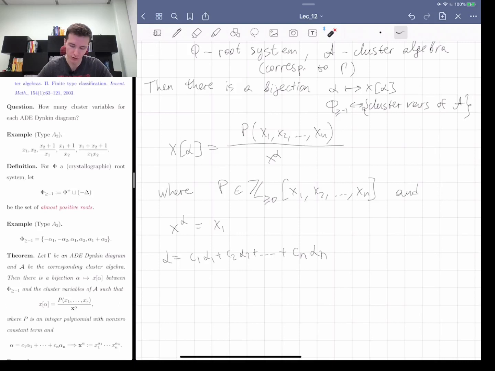In general, these could be positive real numbers, but for crystallographic ones, these are actually integers. And these are precisely the integers that appear in the denominators of my cluster variables. So x to the alpha is x1 to the c1 times x2 to the c2, etc. times xn to the cn.